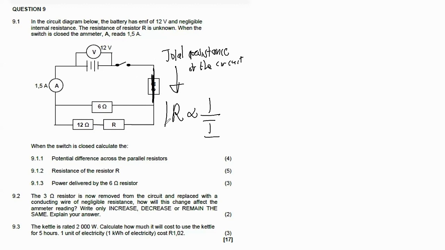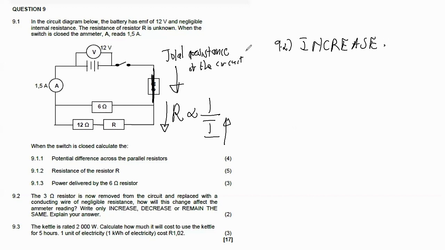So now if our resistance is going to be decreasing, what will be happening to the current? Remember, ammeter reading speaks to the current. The ammeter measures the current. So what will be happening to our current? That means it will be increasing. In other words, the ammeter reading will increase. So for 9.2, we are supposed to say increase, right?